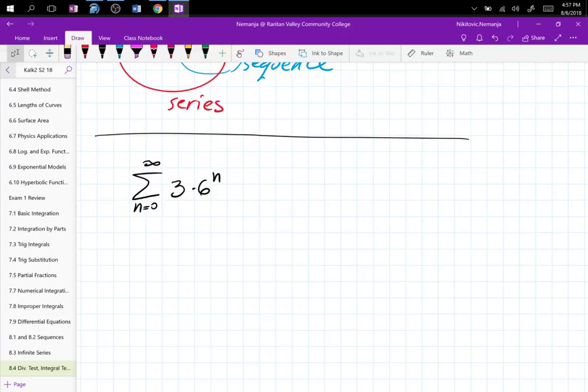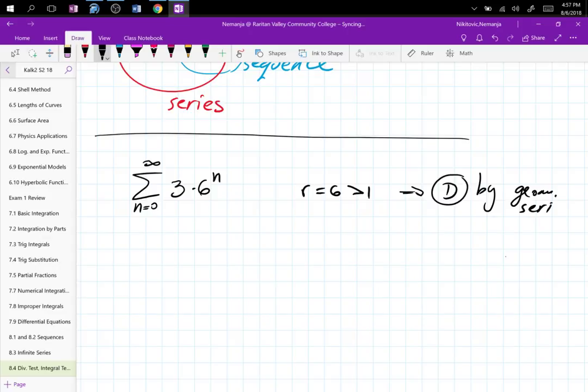Your r is equal to 6. 6 is bigger than 1, and that's divergent by geometric series. So this is your full answer, 100% credit, all of that done.